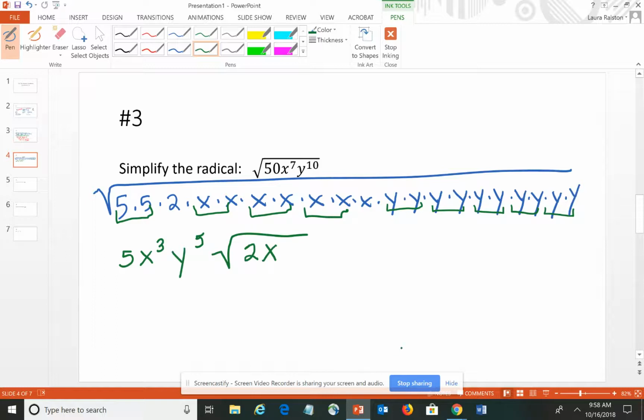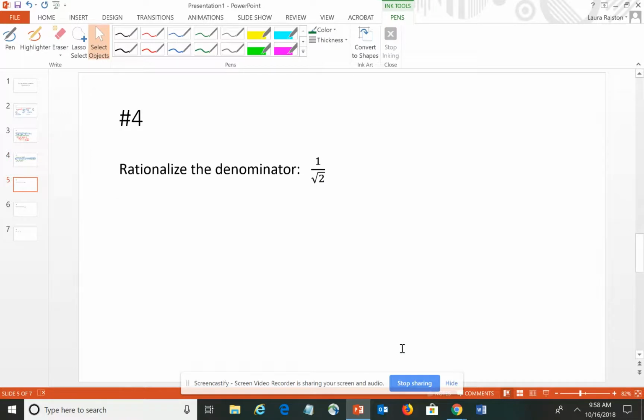All right, next, question number 4 says rationalize the denominator. It's 1 divided by the square root of 2. In this case, you have a single value in the denominator, so we need to force it to be a perfect square. So we have 1, 2, so we need a second 2.